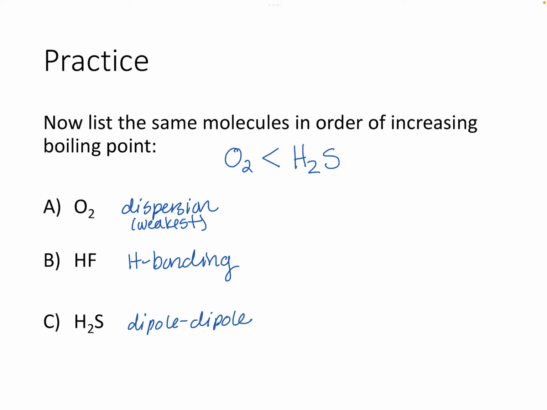And then finally, hydrofluoric acid exhibits hydrogen bonding, which is much stronger than dipole-dipole interactions. And so it's going to take even more energy to try to break apart those HF molecules and get them boiling and turning into a gas. So that will have the highest boiling point.